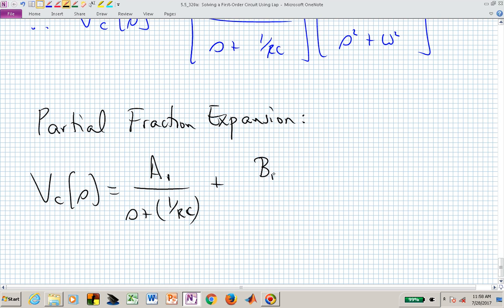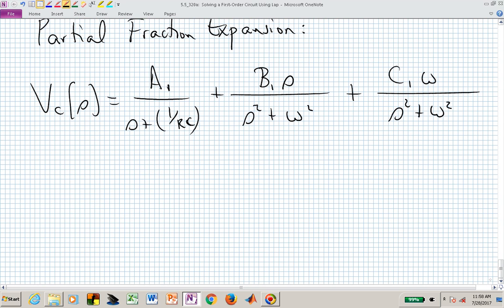plus some amount of pure cosine, which I'll say is B1, scaling s over s squared plus omega squared, and some weighting on a pure sine wave, which is now going to come in with a weighting of C sub 1. I now can immediately say that that's the structure of my Laplace transform capacitor's voltage.